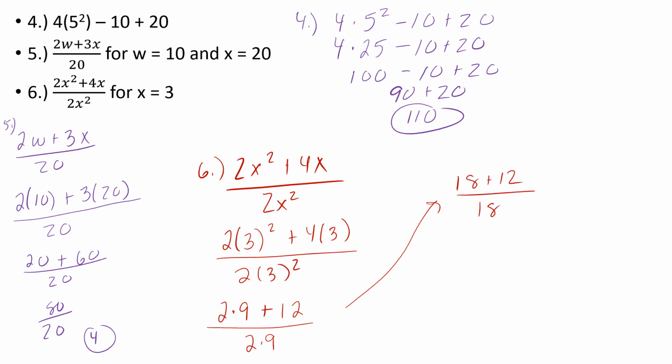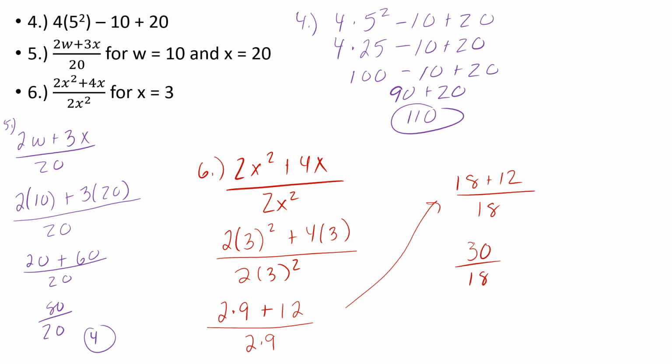And now you can see that it's a lot like the other problem that we did, where, I copied something wrong. I love that. Where the addition has to be done first before we can do anything else. So 18 plus 12 is 30.